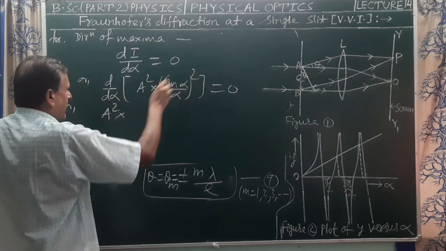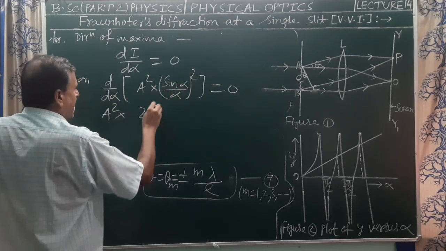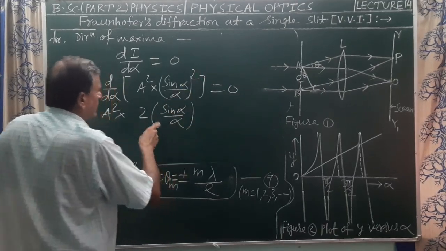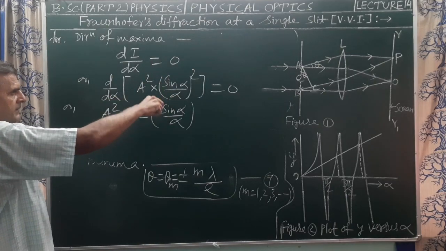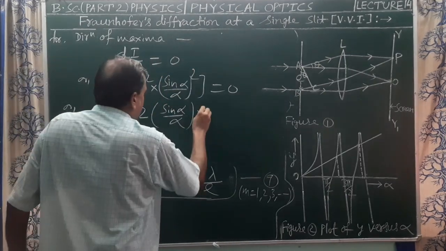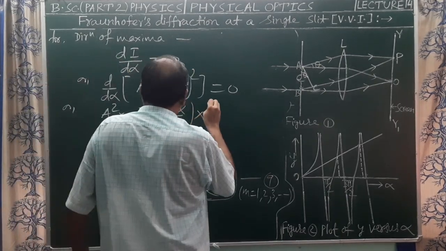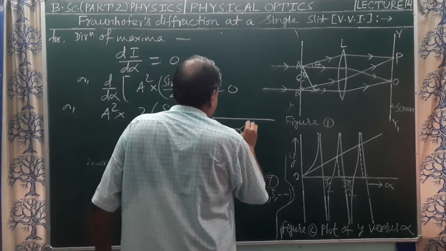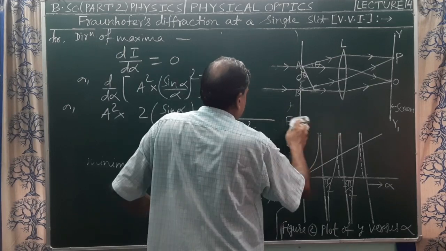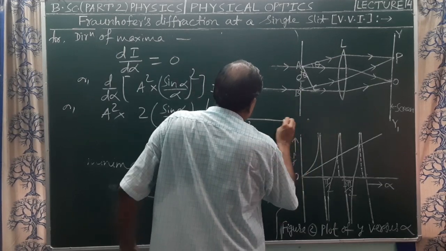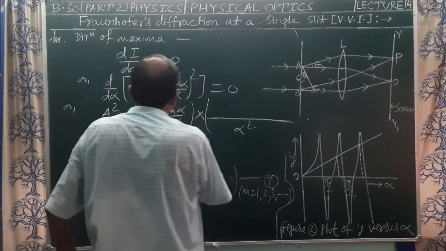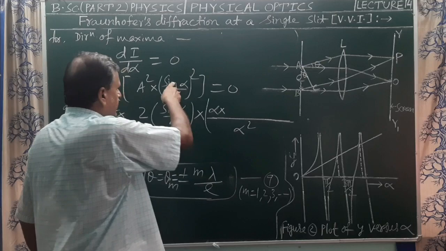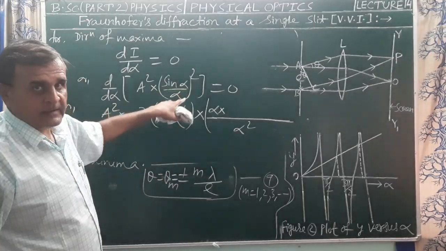The differentiation of sin alpha by alpha squared gives 2 into sin alpha upon alpha, multiplied by the differentiation of sin alpha by alpha. It is denominator squared, that is alpha squared, and in the numerator, the denominator is constant, that is alpha, multiplied by the differentiation of the numerator, that is sin alpha, and the denominator is alpha.